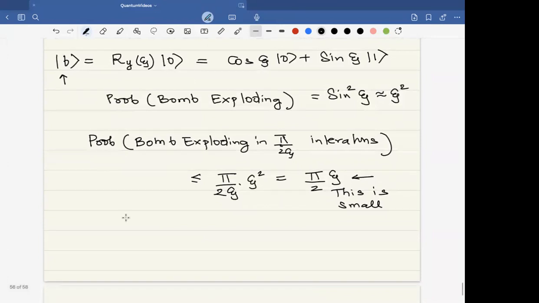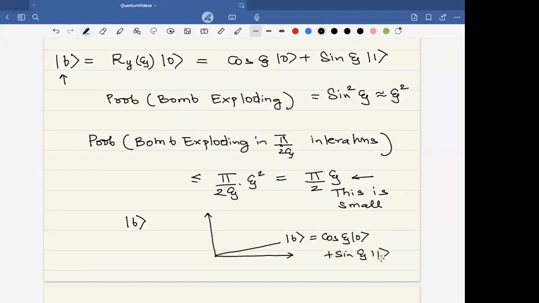The state still remains ket B, right? And the ket B state is very close to the ket 0 state. So the final state is equal to cos epsilon ket 0 plus sine epsilon ket 1. Now when we measure, assuming that we haven't exploded the bomb, although there is a very small probability of the bomb exploding, it can be made negligible, right?